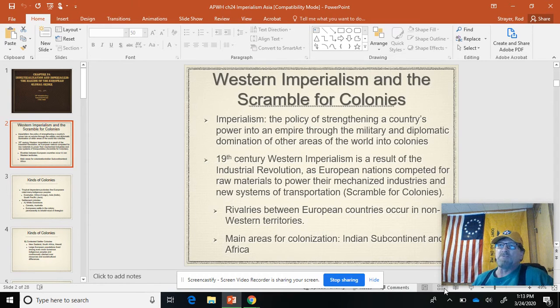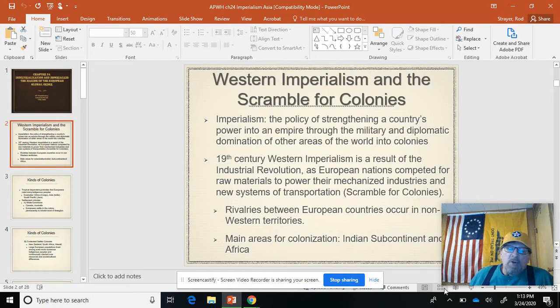As a result of the Industrial Revolution, we start seeing European nations compete for raw materials and also the development of new technology to power their mechanized industries and provide new systems of transportation to get those raw materials back and forth.